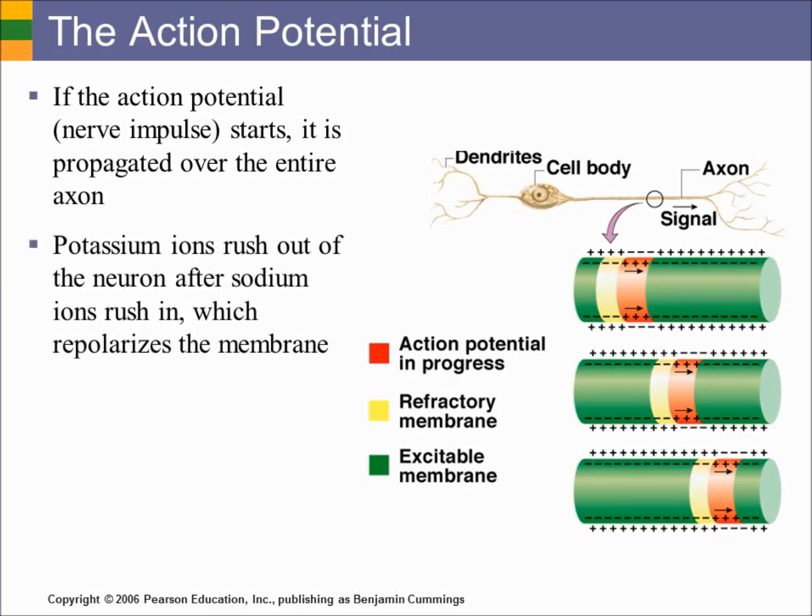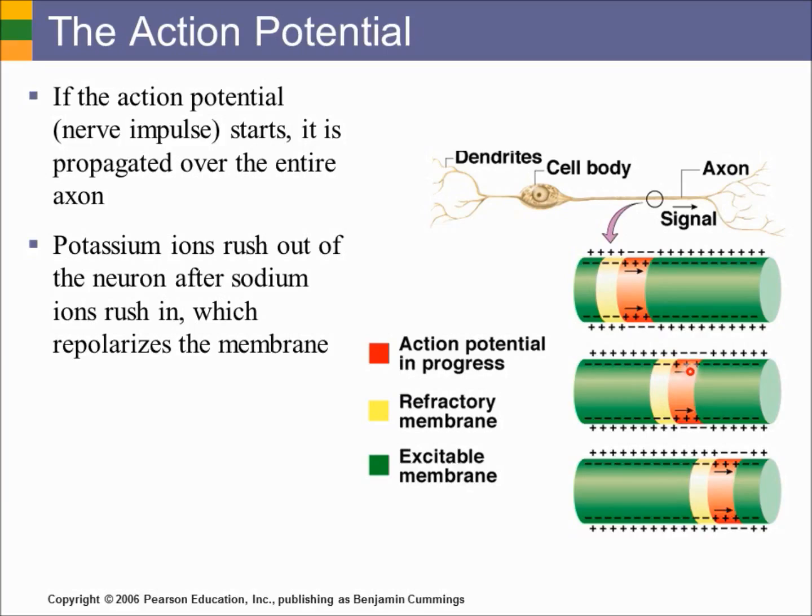Now, potassium ions, that's the K ions, are going to rush out of the neuron after the sodium ions rush in. So what's happening here, if you look along here, is our propagating action potential. The sodium ions are rushing in and diffusing across. As they diffuse down this way, they depolarize the next segment, like we're showing right here.